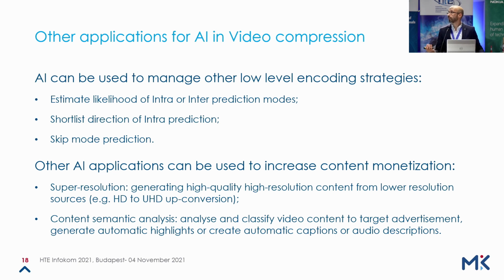For example, determine automatic captions, or even audio description. So to provide a description of the scene to, for example, visually impaired people, or generate automatic subtitles based on the audio. So everything that reduces human input can reduce costs.